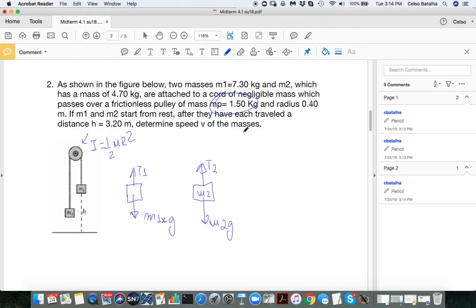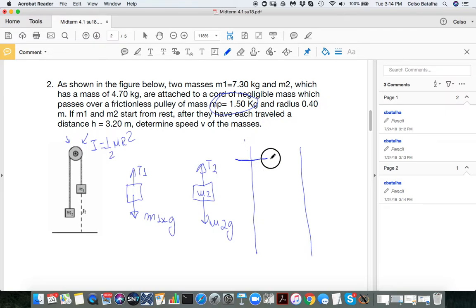So you could use energy conservation, which is the simplest one, and that's how I'm going to do here. But some students attempted to use Newton's law, and if you use Newton's law, you have to calculate the torque here. So with energy is much simpler, and I did that in class.